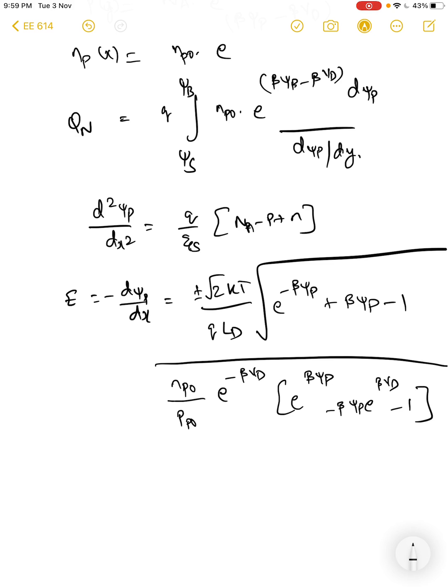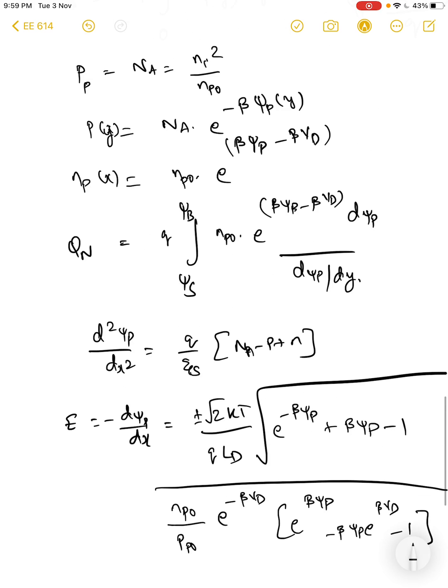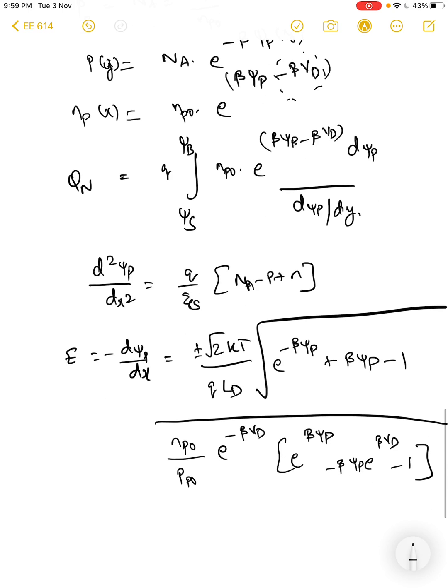The beta Vd terms are coming because we had an additional term Vd here, which was not there in our previous metal oxide semiconductor treatment. Now because we have this, we have to integrate along with this, and you will get this. If you follow the previous discussion in metal oxide semiconductor, you can very easily see that this falls out pretty easily from there.